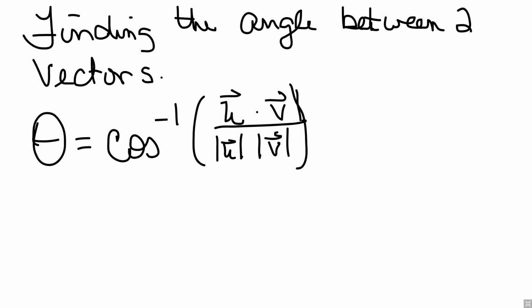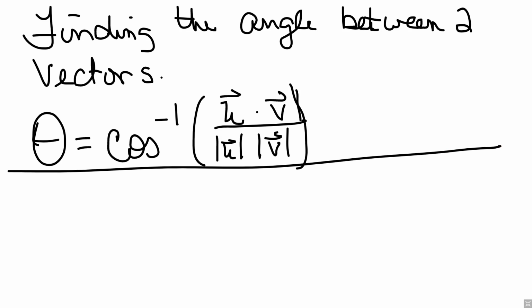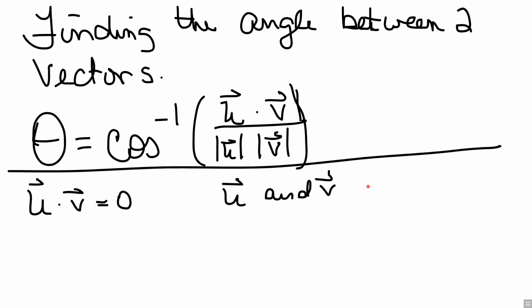Okay. Now, a little side thing. If the dot product of two vectors is equal to 0, that means we say that vector u and vector v are orthogonal.